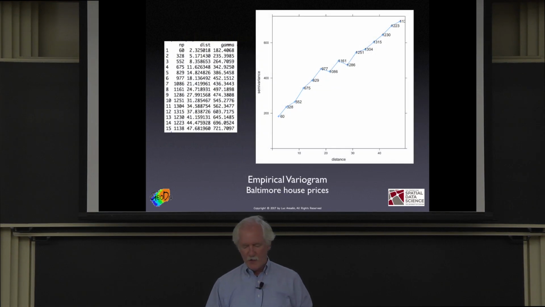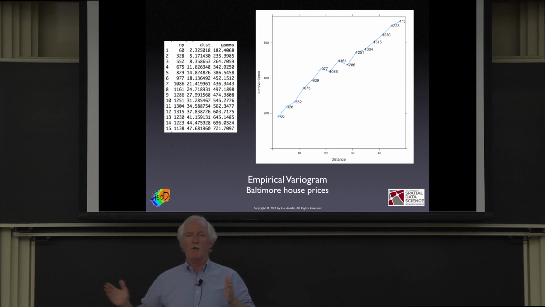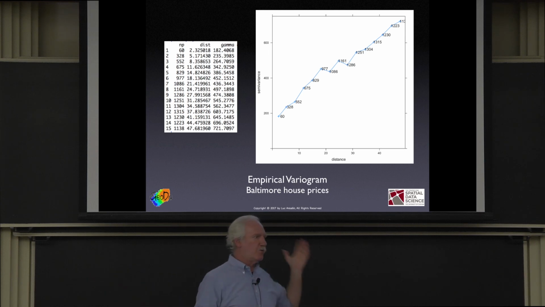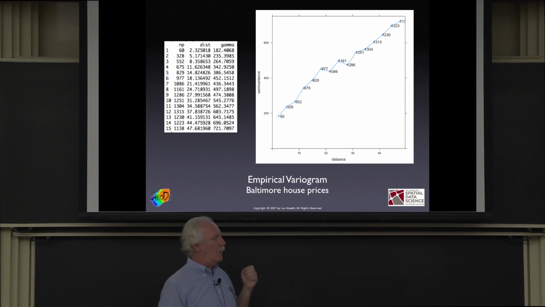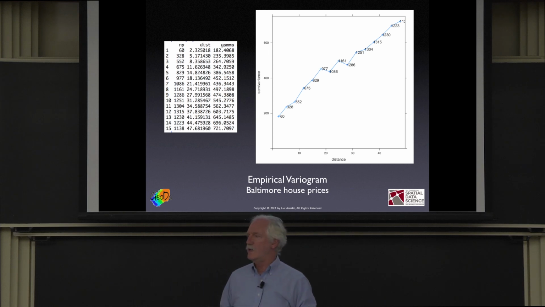Just a couple of quick things. It shouldn't keep going up. It should flatten out, because at some point there is no more effect of increasing distance. If you're not correlated, whether you're 50 miles apart or 200 miles apart, you're not correlated. So it should be flat, right? This one is not flat. This, in practice, tends to point to the presence of a trend in the data.